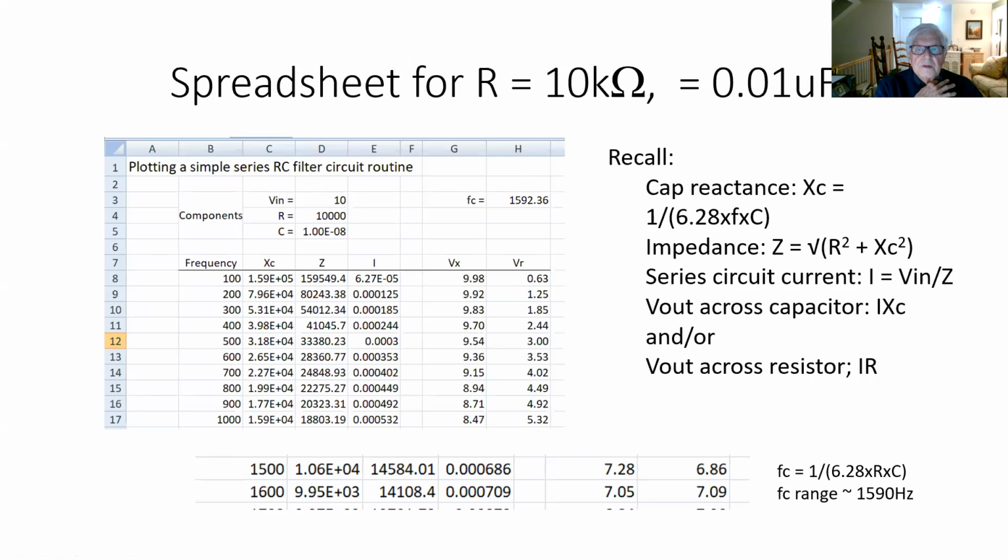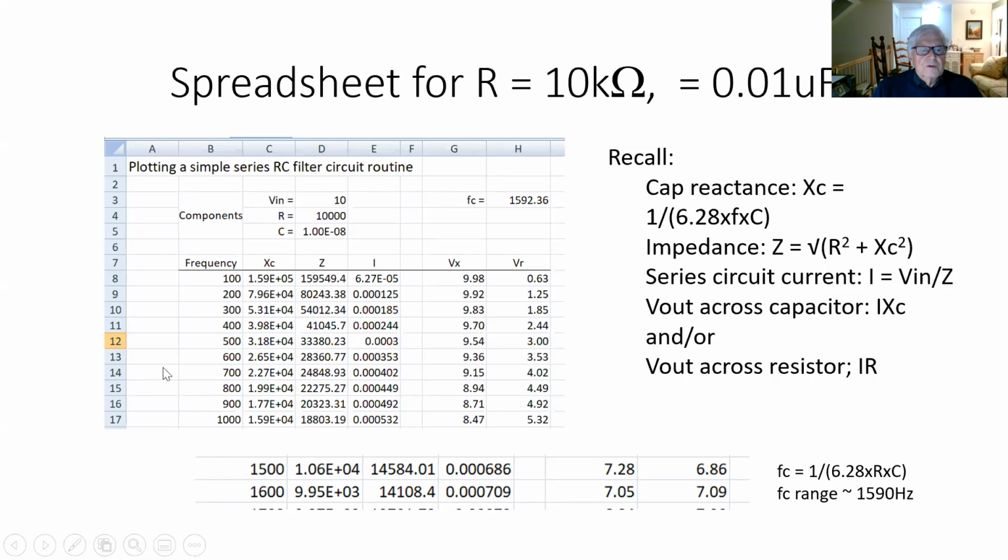Okay, so here we're going to be using an RC circuit with a resistance of 10 k ohms and a capacitance of 0.01 microfarad. So here in our spreadsheet, what we do is we put a series. This only goes from 100 to 1,000, but we really want to go up to about 10,000. Okay, I didn't show the rest of the spreadsheet.